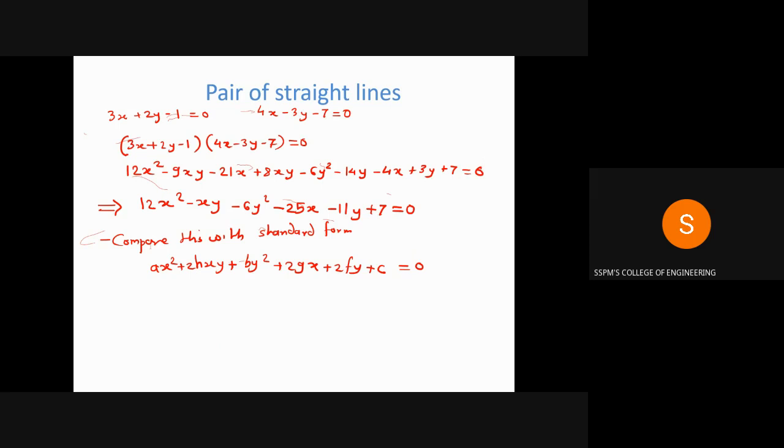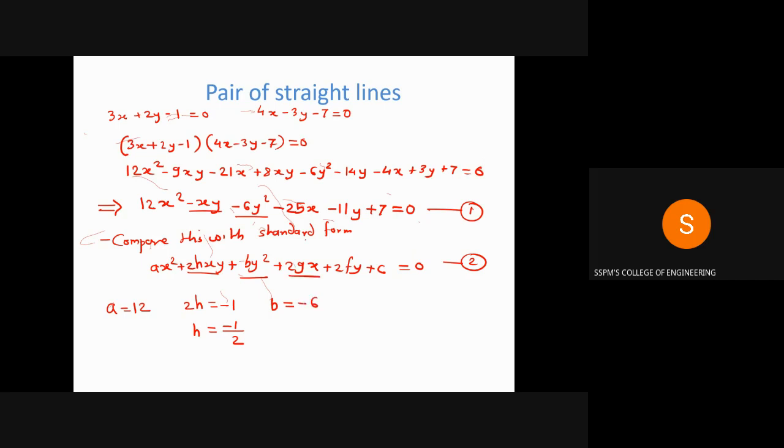Now if we compare these two equations, suppose this is equation 1 and this is equation 2, we get a is equal to 12. 2h is equal to minus 1, which implies that h is equal to minus 1 divided by 2. The value of b is equal to minus 6.